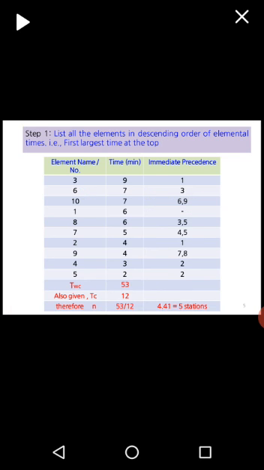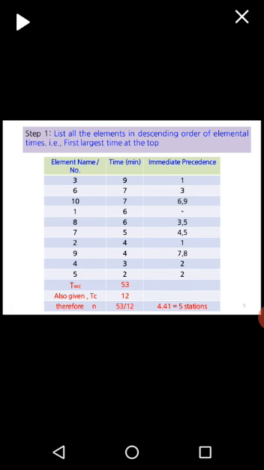Next time is 4. Here also for element 2 and 9 we have the same time, that is 4 minutes. We can take element 2 first, which has 4 minutes, and its precedence is 1.